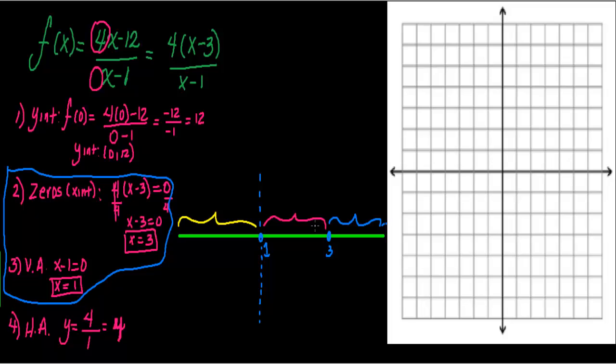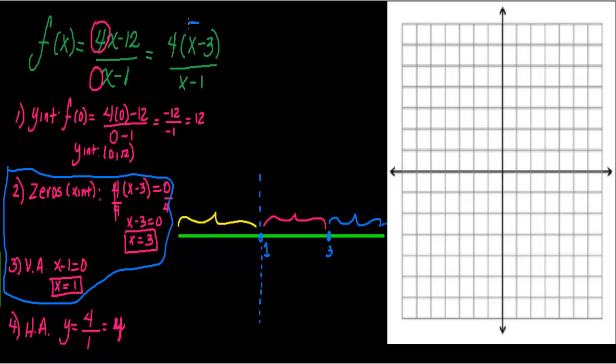Let's go ahead and test the first region from negative infinity to 1. Let's choose a number. From negative infinity all the way to 1, I think an easy number to use is 0. Okay? So I'm going to use 0. Now if I plug in a 0 here, will the result of the numerator be negative or positive? Well, 0 minus 3, that will be a negative number. And negative times positive, that's negative.